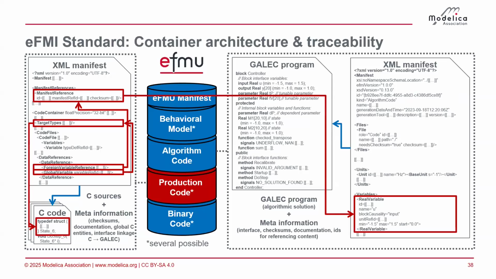And then you know, following all these links back, how to system integrate your C code. And we do this automatically, for example, if we export from Dymola towards Simulink. Then we look for the manifests, and then we know which kind of code to generate on the Simulink side to embed this production code as a C function block.